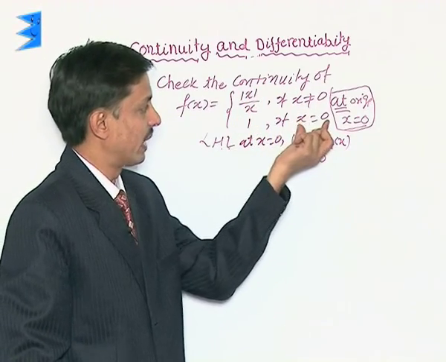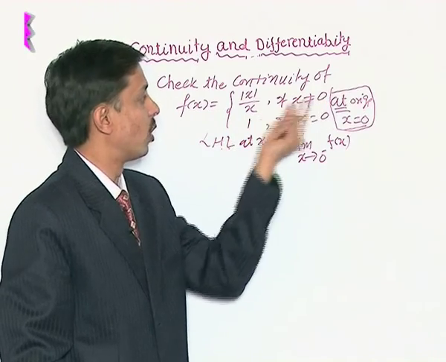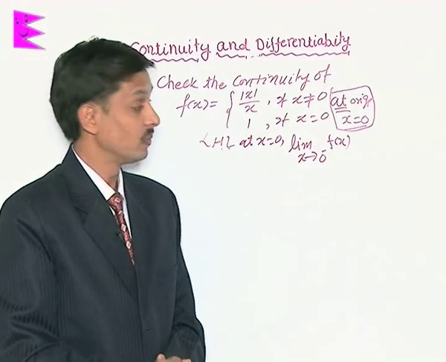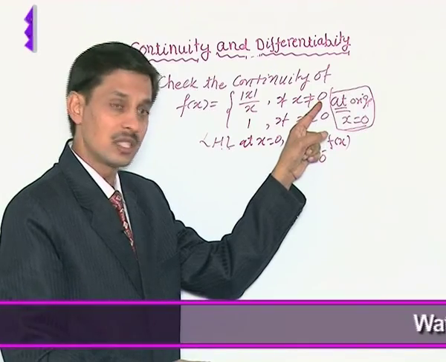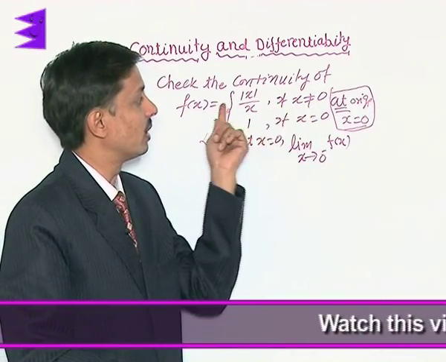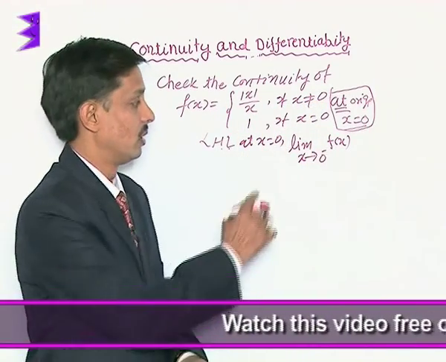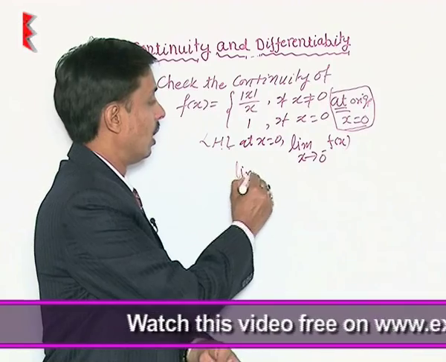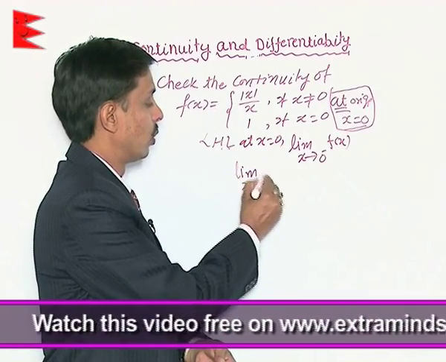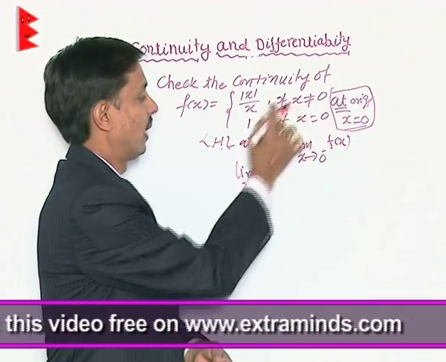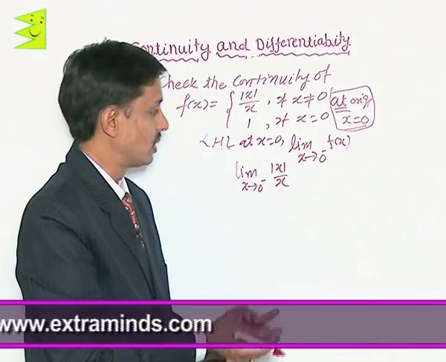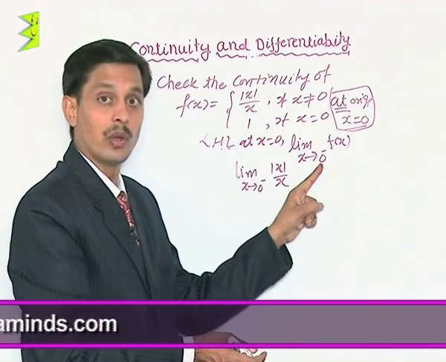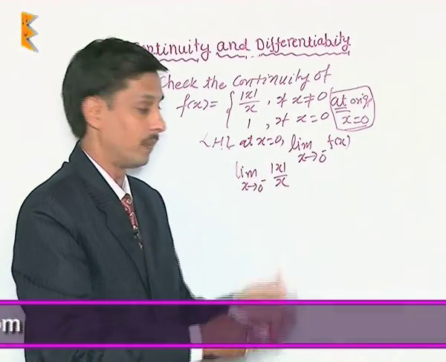One part, when x is 0 it is 1, when it is not 0 it is |x|/x. So ultimately x may be more than 0 or less than 0 will be considered in the first part of the function. So we will write here limit x tending to 0 negative, function f(x) will be taken as |x|/x. Reason: x is not 0, it is less than 0, 0 negative.